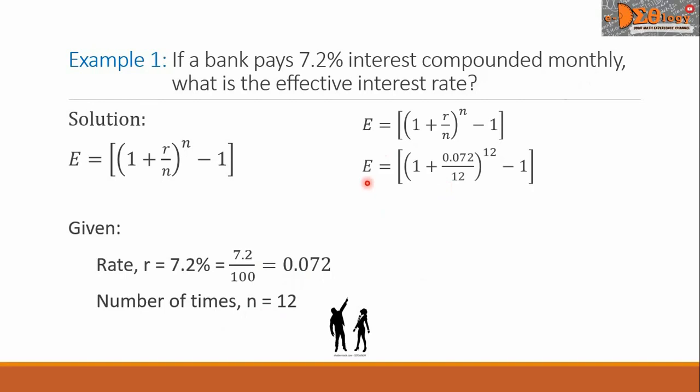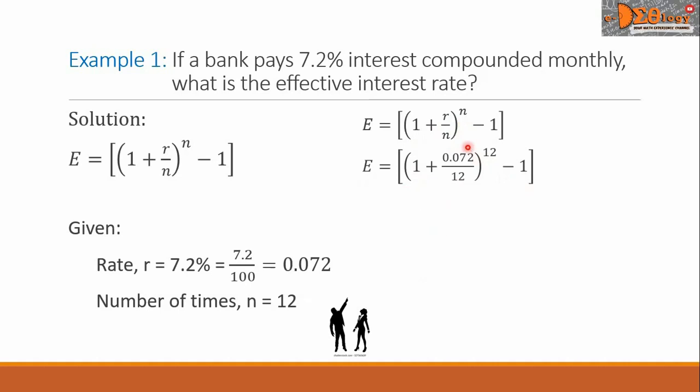So we will have capital E equals, we will copy the constant 1 plus the fraction r over n. So r becomes 0.072 over n, that is 12. And the power n in here becomes 12 also, and minus the constant 1.